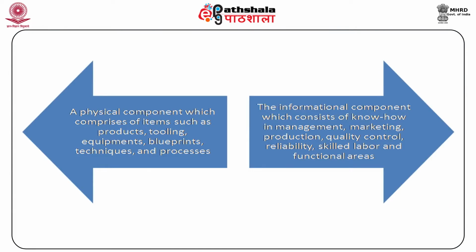Number one, a physical component which comprises items such as products, tooling, equipments, blueprints, techniques and processes. Number two, the informational component which consists of know-how in management, marketing, production, quality control, reliability, skilled labor and functional areas.